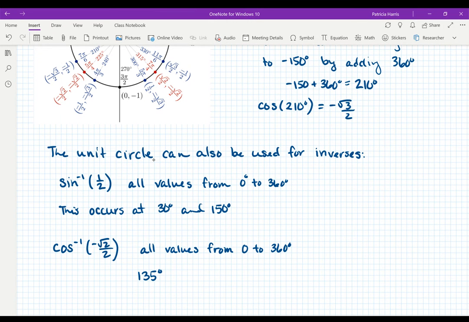Okay, and it looks like it also happens at 225. Okay, so those would be my answers. All right, so if I type that into my calculator though, it's only going to give me the 135. It won't give me the 225 because a calculator can only give you one output. It can't give you multiple outputs, okay?